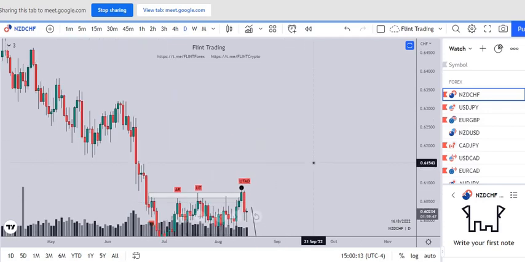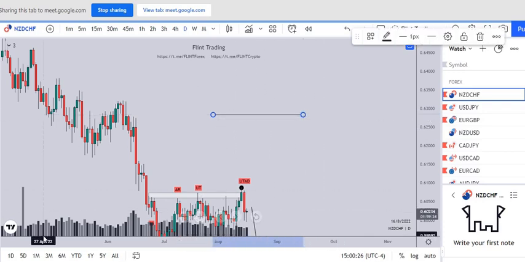Okay, and as I told you, how can you differentiate a liquidity grab? For example, if this is retail support and retail resistance, and price was doing something like that, and comes up here and again comes below the range, but with very little momentum, then that is not a liquidity grab.